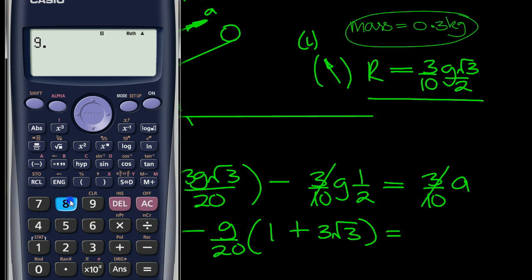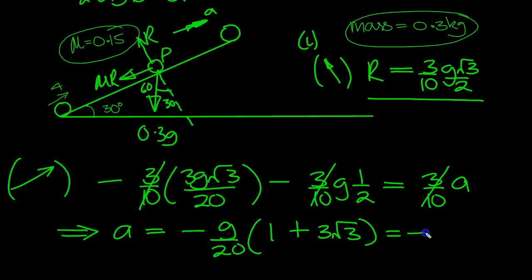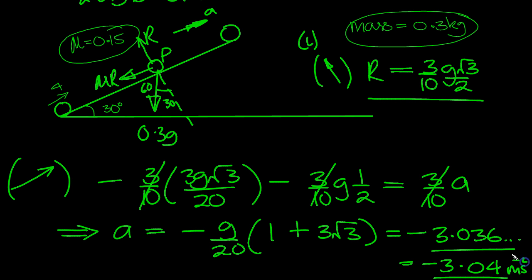I'm going to drop the minus, I'll put it in a moment. 9.8 divided by 20 times bracket 1 plus 3 times the square root of 3, close bracket, equals 3.036 with a minus. So that is equal to minus 3.04 m s^-2, and that's the 3 significant figures. Okay, that's the acceleration then.